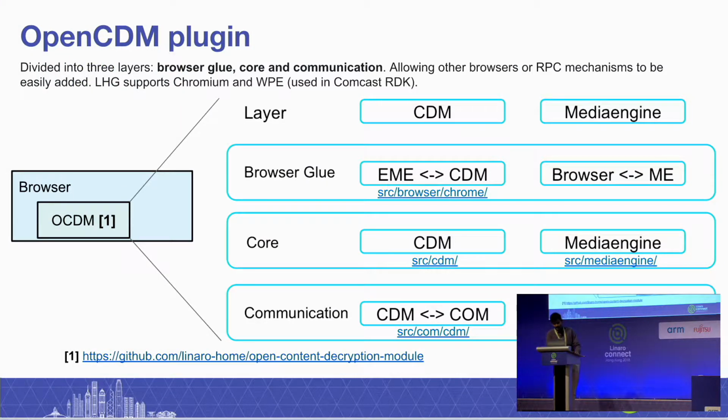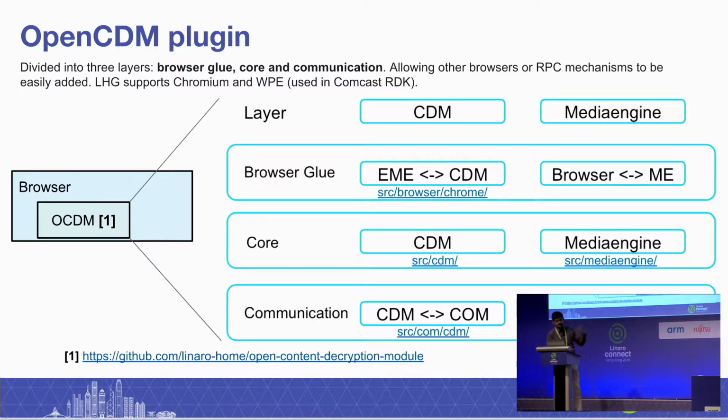This is how it is layered. We have a browser glue layer where support for different browsers, Chromium or WPE, will be there. The calls from EME are routed to the corresponding CDM or media engine APIs using this browser glue layer. Next we have a core layer with the CDM and media engine components.